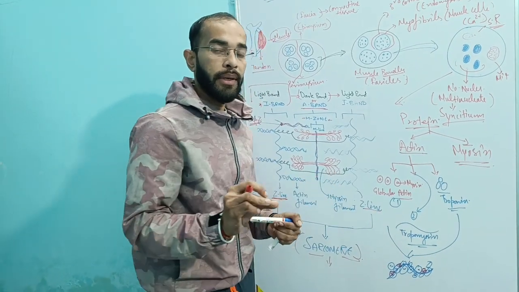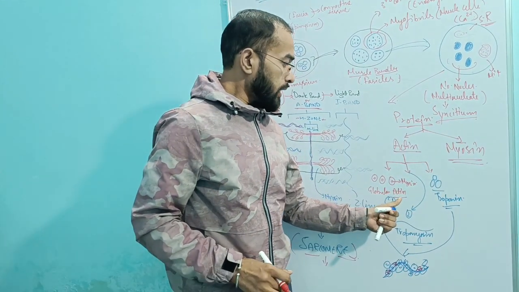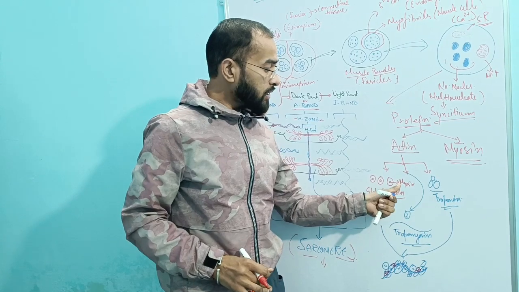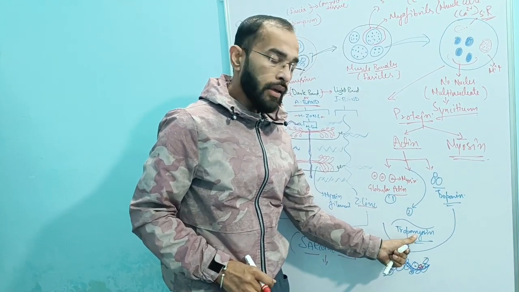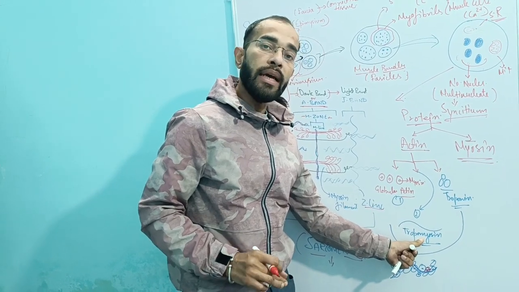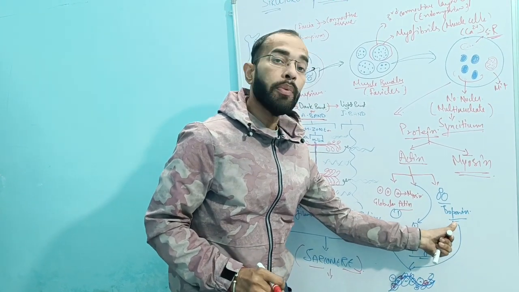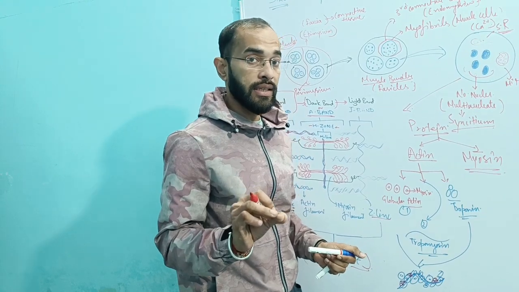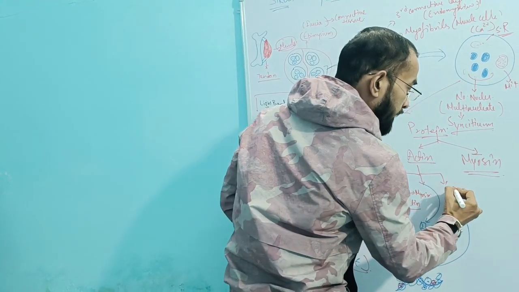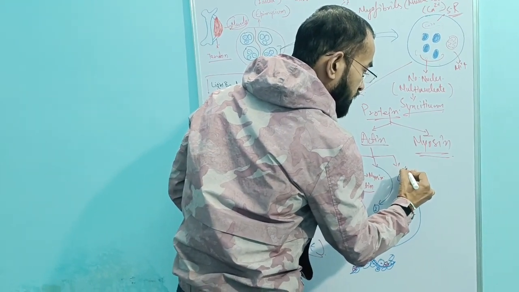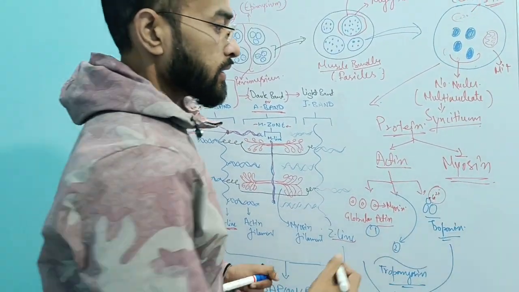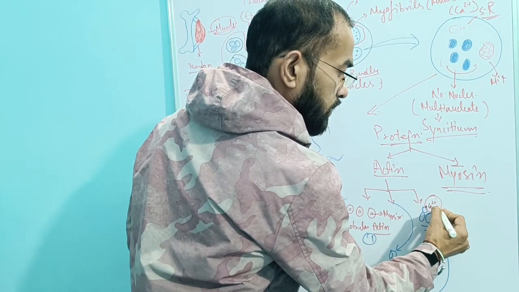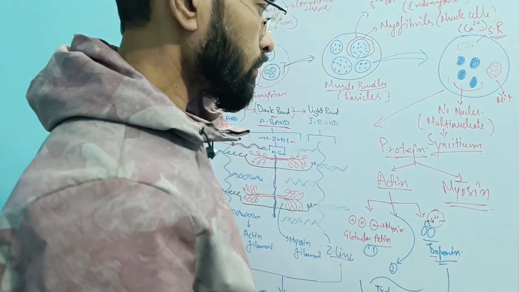I repeat it again: in actin, the myosin binding site is covered by tropomyosin, and the position of tropomyosin is stabilized by the troponin only in resting state. Troponin has a site for calcium binding. We'll discuss that in our next lecture, troponin having a calcium binding site.